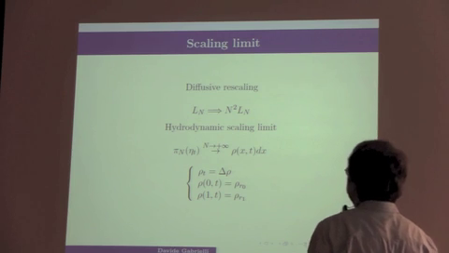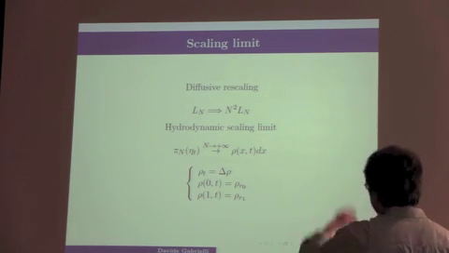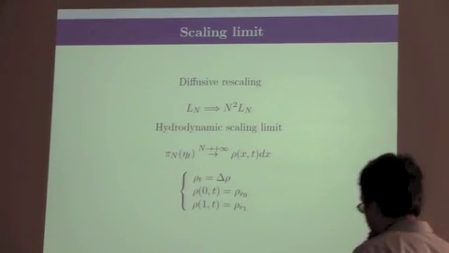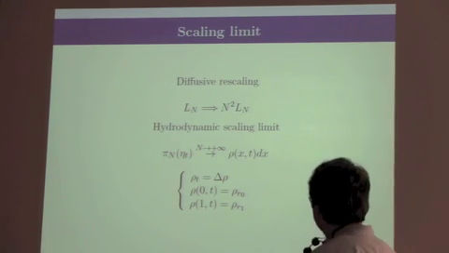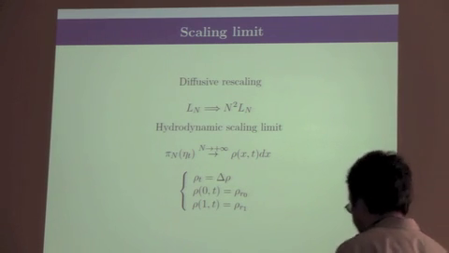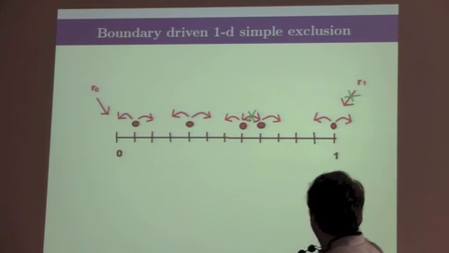Then this process has a non-trivial limit in the diffusive rescaling, so you have to accelerate. Every particle was trying to jump with unit rate, then you have to put n, a parameter of your model, which is exactly the number of lattice sites.